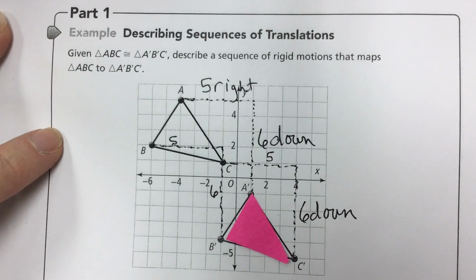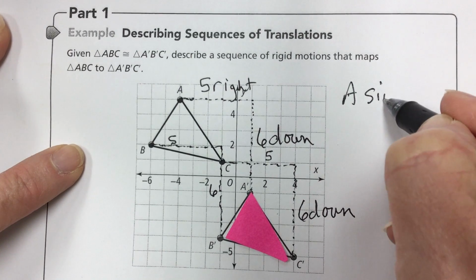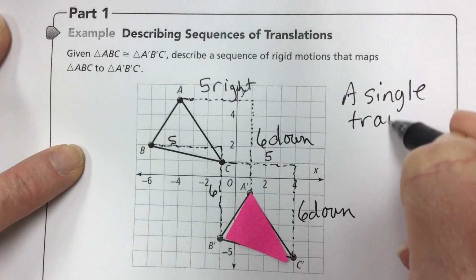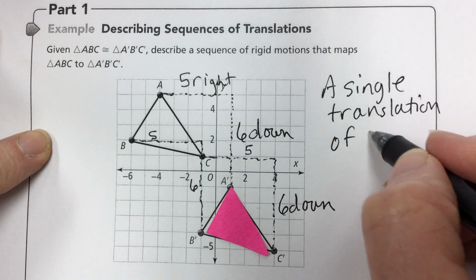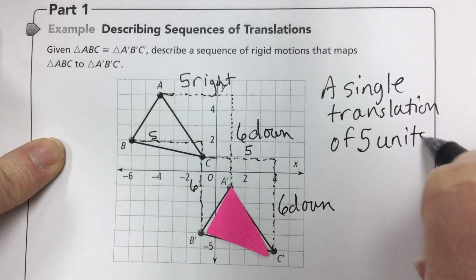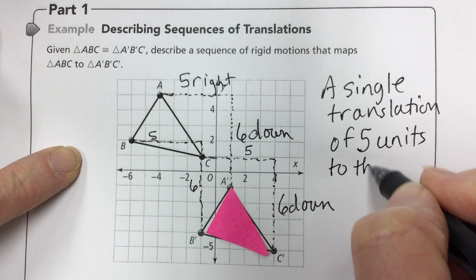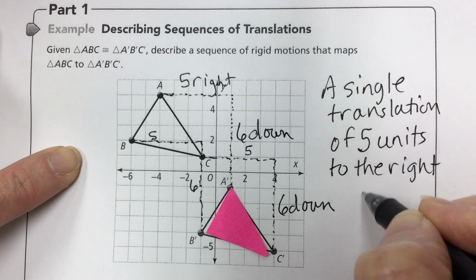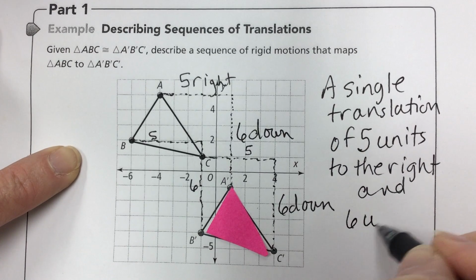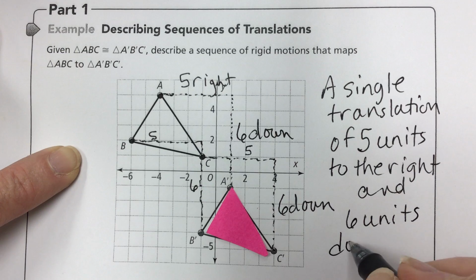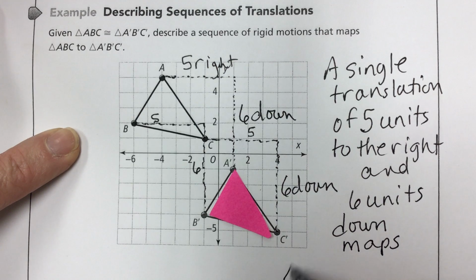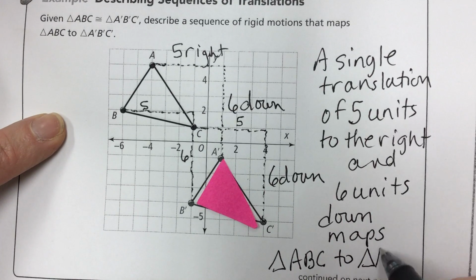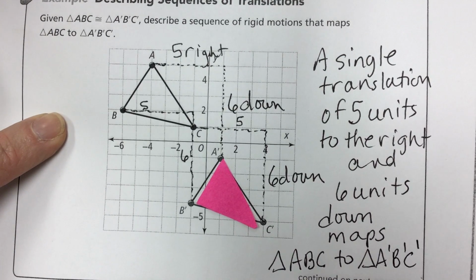So therefore, we can say a single translation of 5 units to the right and 6 units down maps triangle ABC to triangle A prime, B prime, C prime.